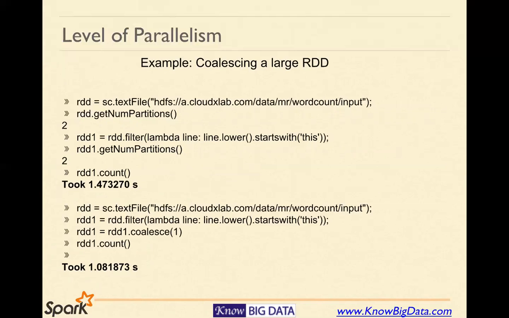All right. So here is one real good example for all of you to take a look. In the first case, what we did was we loaded the text file, counted the number of partitions, and then we filtered based on this command, as in if the records are starting with a line with a word called this, only keep those lines and then remove others.